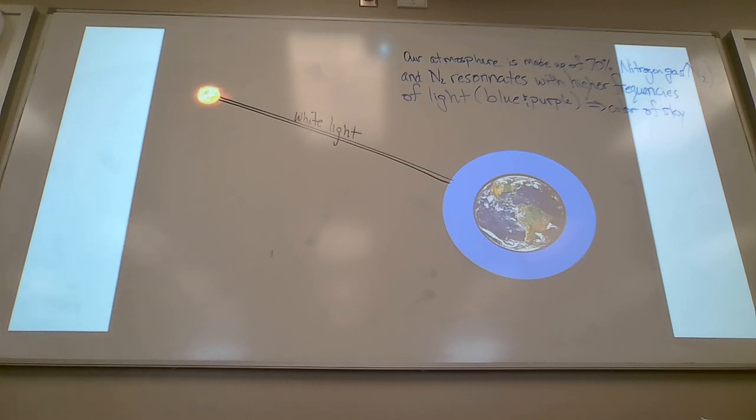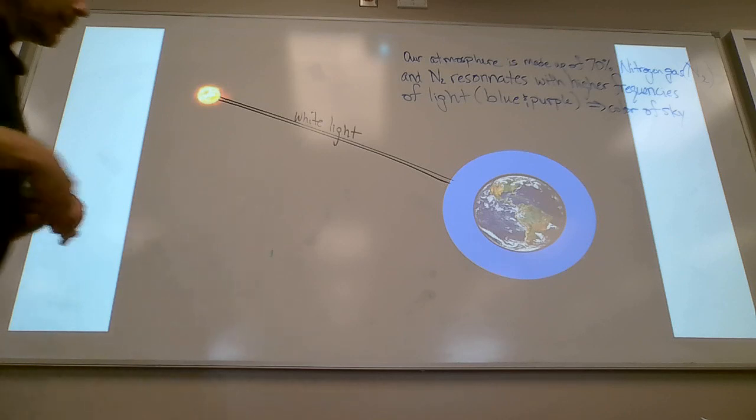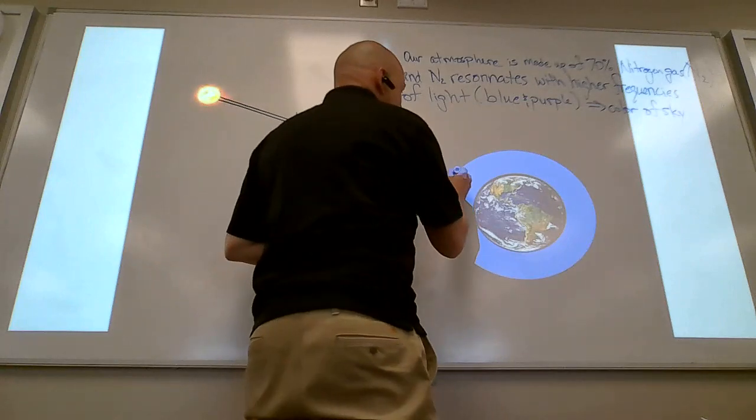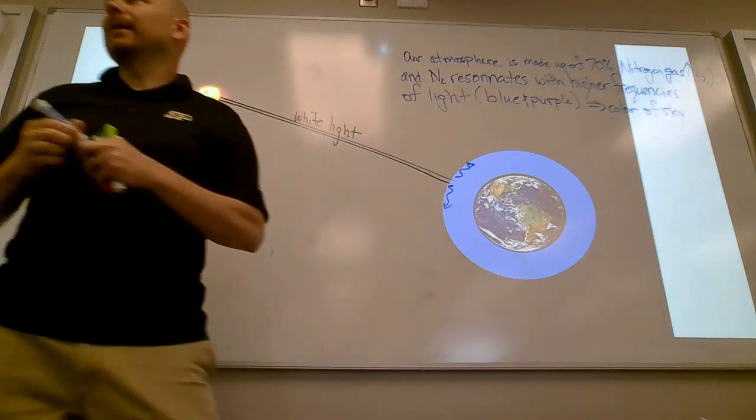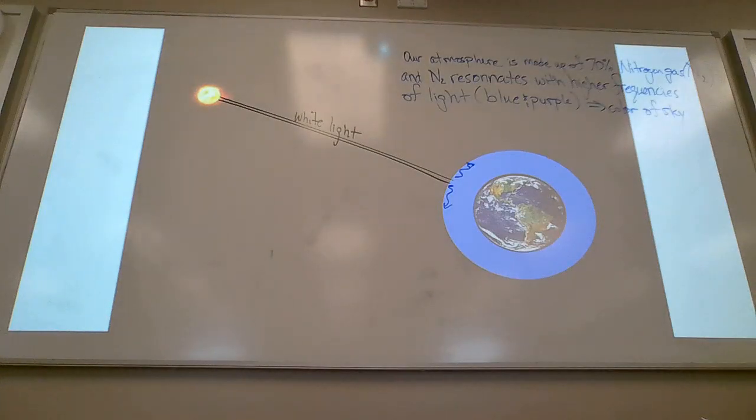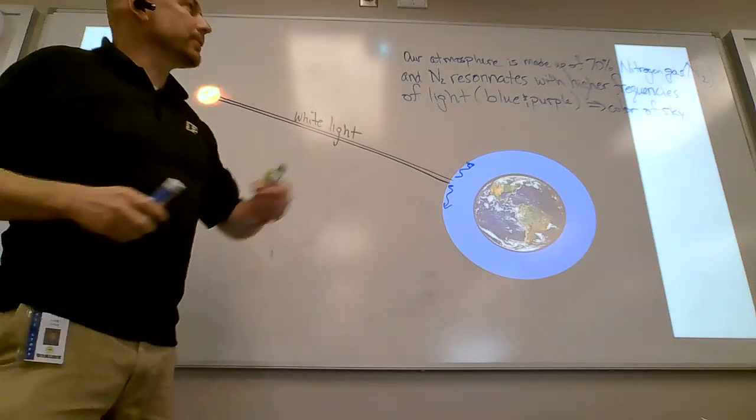I just want to apologize for the lack of colors I have here to represent this, but we're going to go with it. It scatters the higher frequencies of light, so the purples and the blues. And this is why we have a blue sky, because of nitrogen gas. It causes photons to scatter.